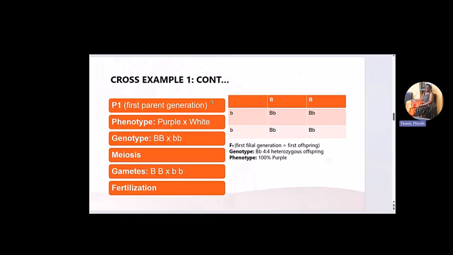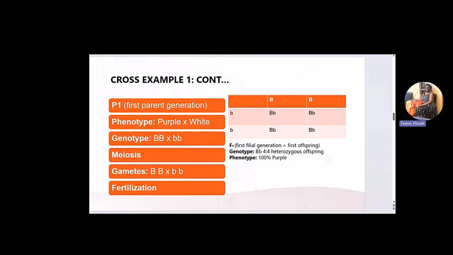What you need to do, you show the allele or the genotype for purple, which is 2 capital B's, they are here. Capital B, capital B. And for the white, small letter b's times 2, here is small letter b, small letter b. And how do you do the cross?